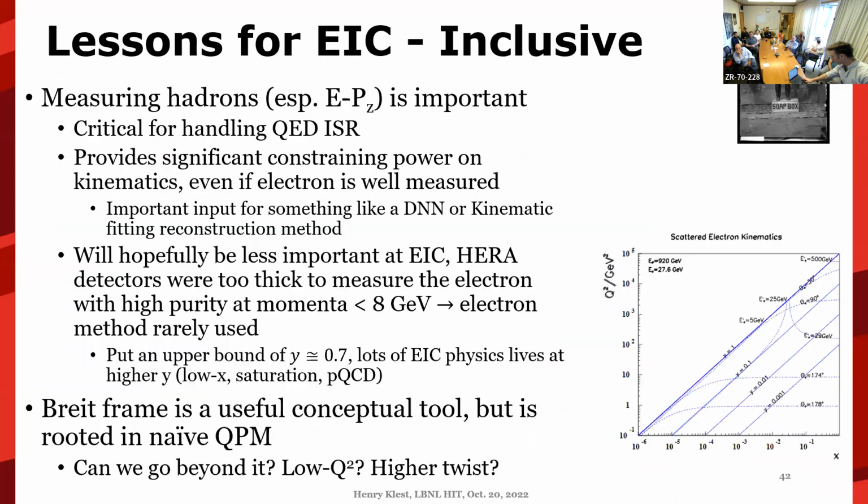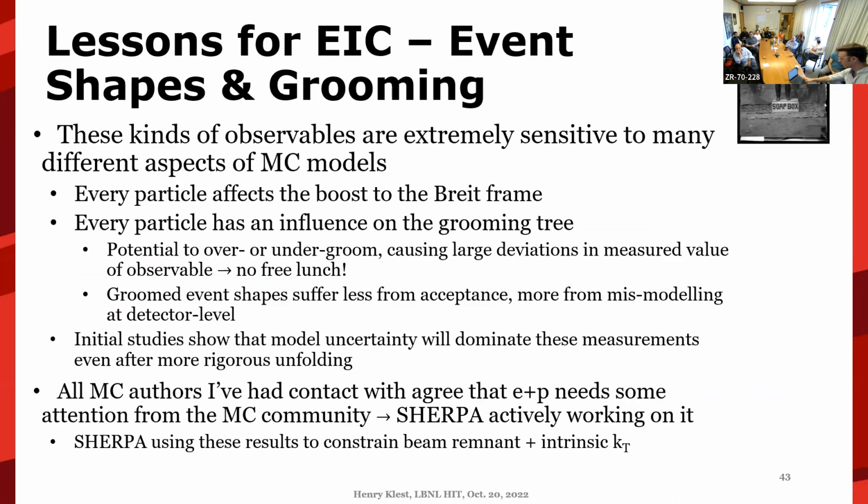And a lot of the Monte Carlo authors that I've been in contact with have agreed that, yeah, we haven't touched ep in a really long time, we need to before the EIC. And interestingly, Sherpa is actively using these results to constrain the treatment of the beam remnant in their Monte Carlo, as well as the intrinsic kT from the peak region.